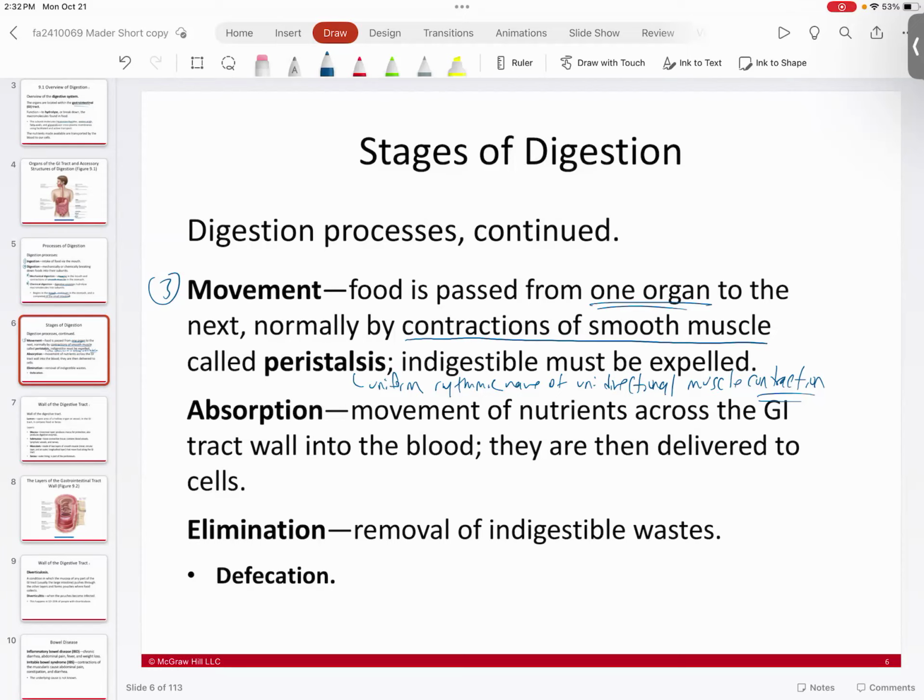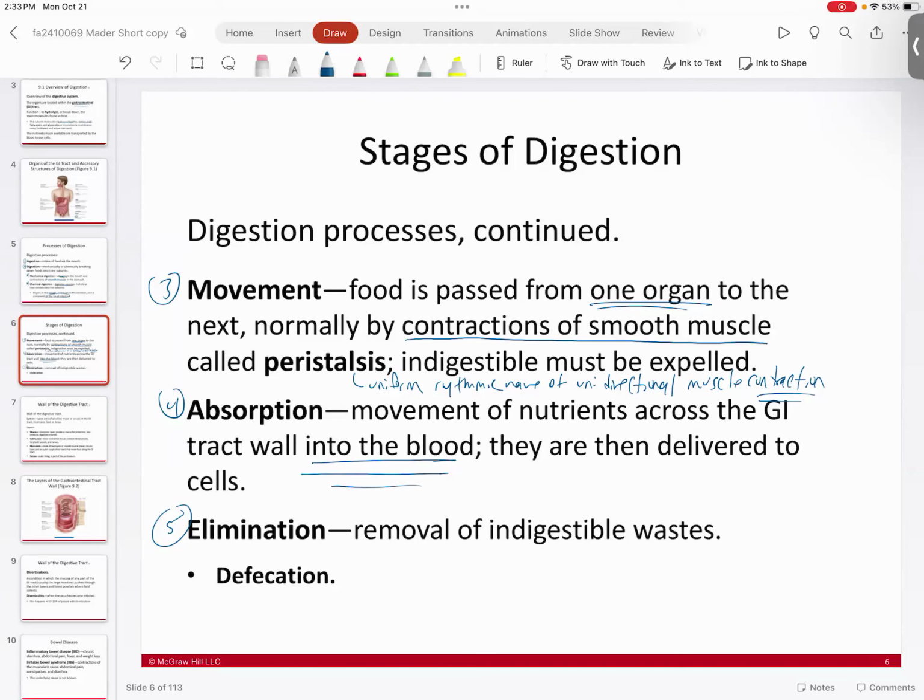Now, once you're moving forward, you're also still breaking it down both chemically and physically, mechanically, and then you're going to get to absorption. This is basically where you're moving the nutrients across the GI tract and into the bloodstream. So that's your absorption, and then you're going to get elimination. Once you've absorbed everything, you've got a lot of indigestible waste, things that you can't absorb.